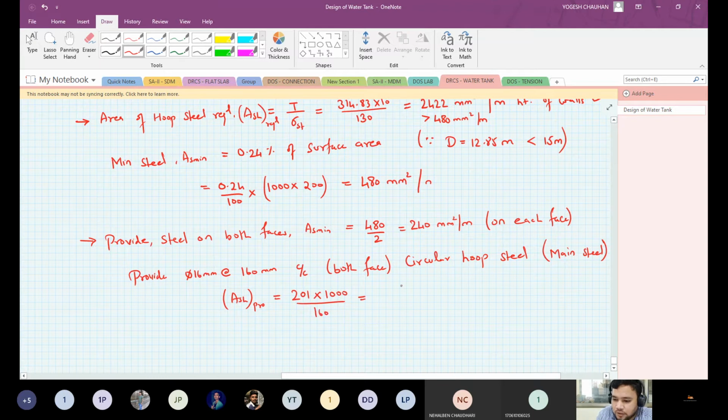So you will get the amount of the steel, and this is provided on both the faces, multiplied with 2. So it is 2512 mm square per meter, which is more than the required one, that is 2422 mm square per meter. So therefore, okay.